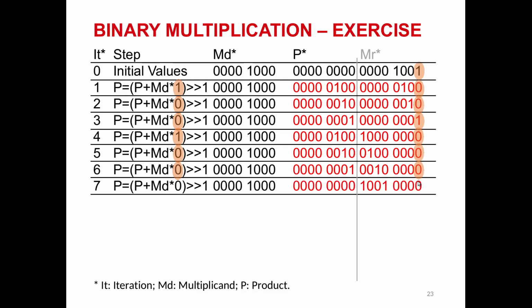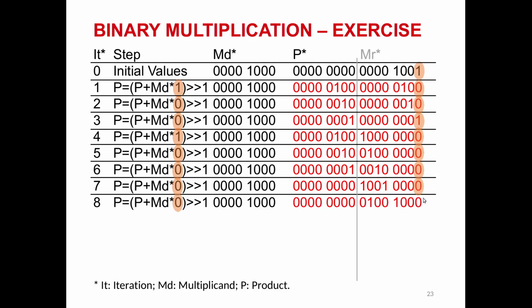As you can see here, the last bit in MR is 0, and so P will be shifted again one more time to the right.